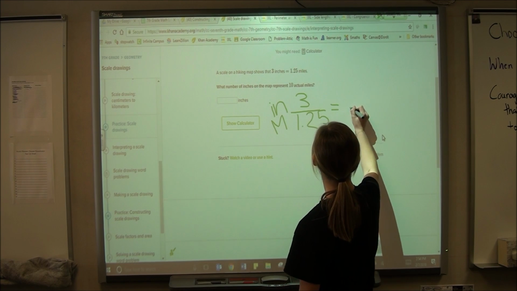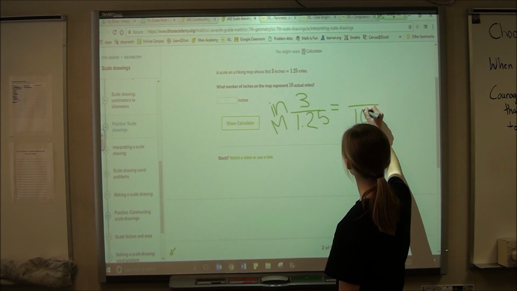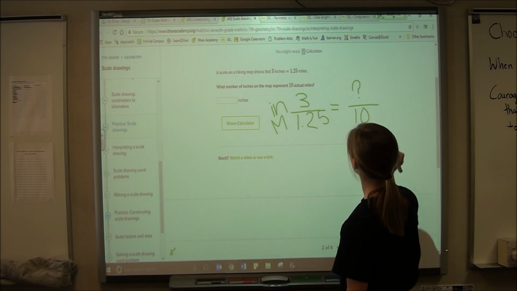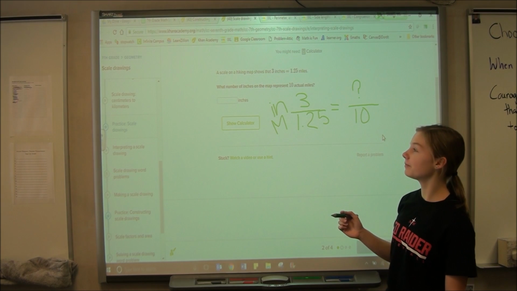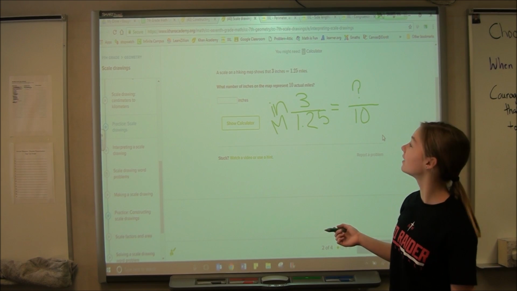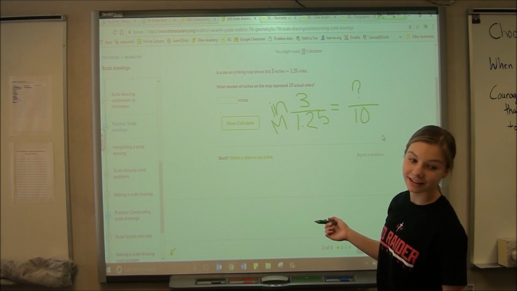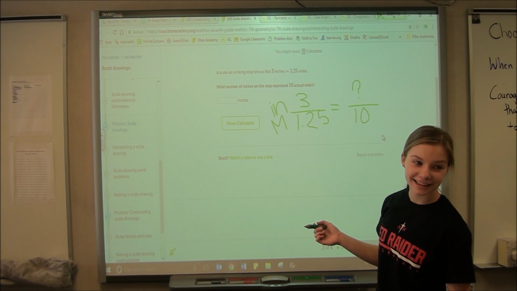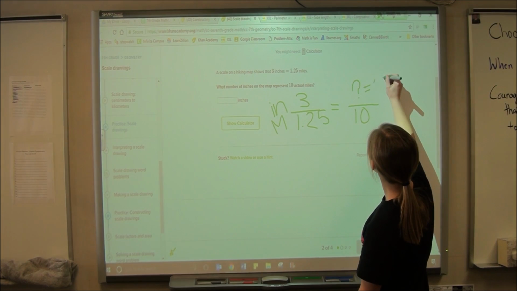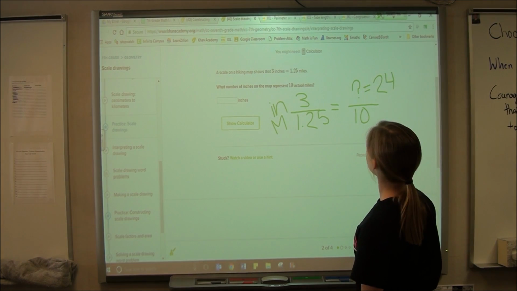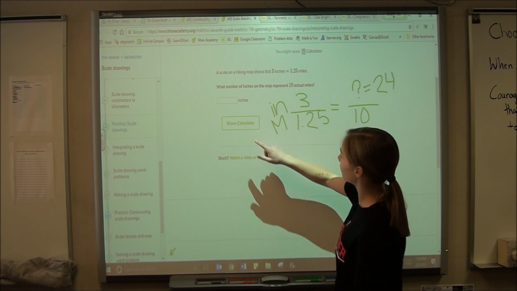So we want to know what 10 miles would equal. So if we do 10 times 3 is 30. 30 divided by 1.25 is, let's see, 24. So we know that it's actually 24 inches.